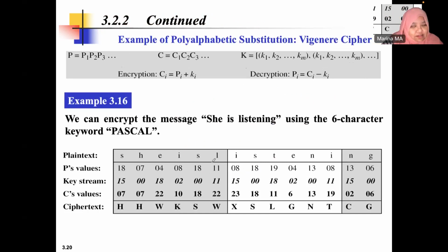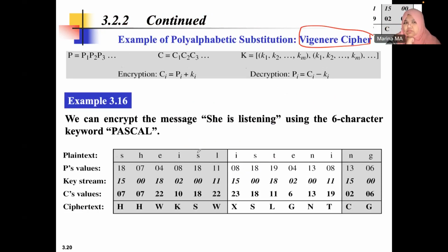So how is it done in Vigenère cipher? The example here, Vigenère. We have our plain text: she is listening. However, the key is not the shift. In Caesar cipher, the key is 15, so you shift 15 alphabets.